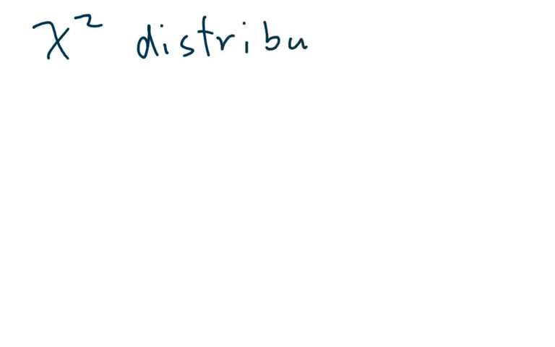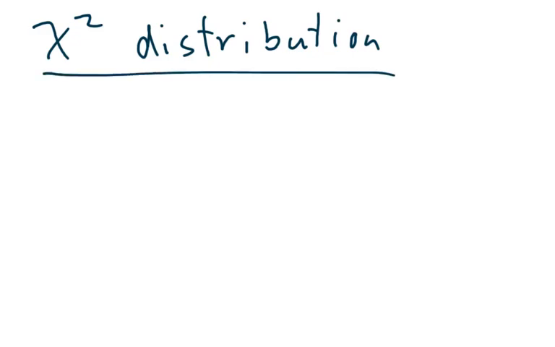Now, as you might imagine, since we are using the chi-squared test, this is going to be very similar to what we were talking about in the previous chapter, in Chapter 7, Section 4 to be precise, where we were forming confidence intervals for the variance and the standard deviation. And so, like I said, we're going to be considering the chi-squared distribution.